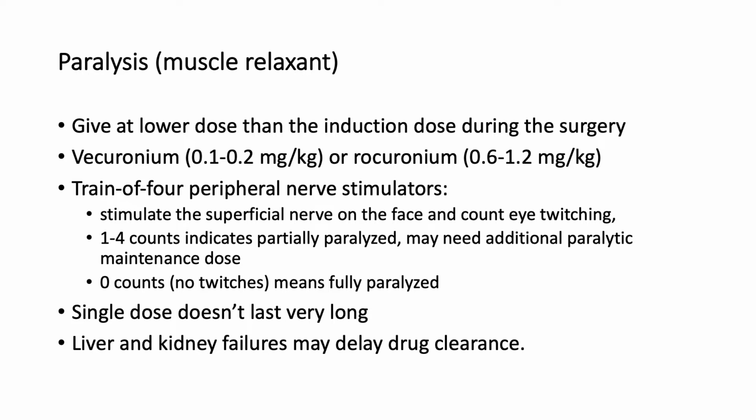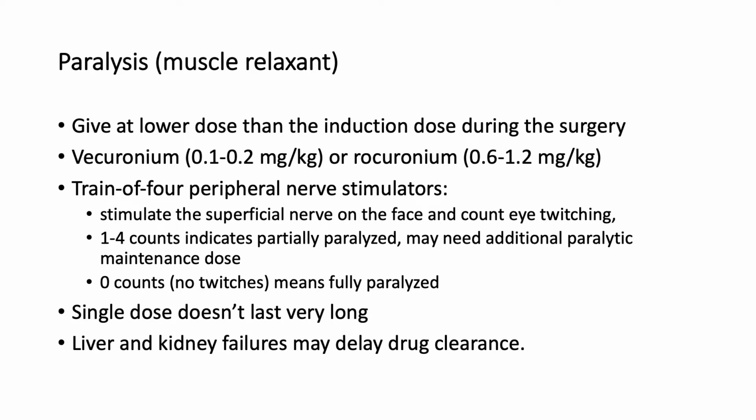Paralysis, muscle relaxant. It's given at a lower dose than the induction dose during the surgery: vecuronium 0.1 to 0.2 mg per kilo or rocuronium 0.6 to 1.2 mg per kilo. A train-of-four peripheral nerve stimulator is sometimes used by the anesthesiologist. They stimulate the superficial nerves on the baby's face and count eye twitching.